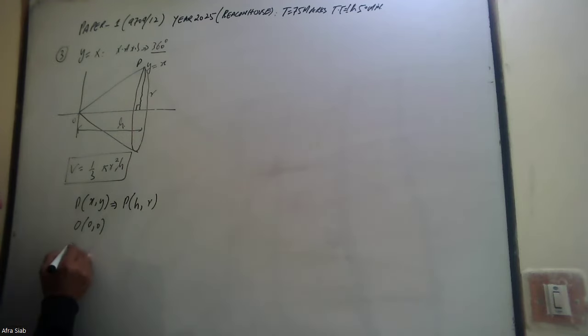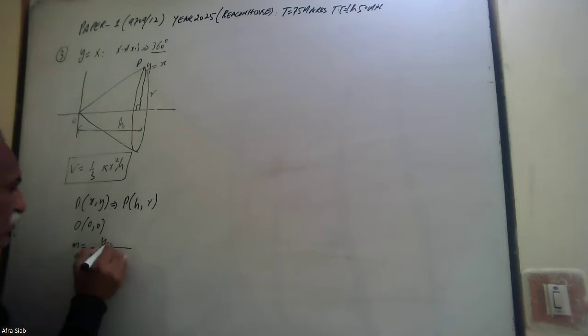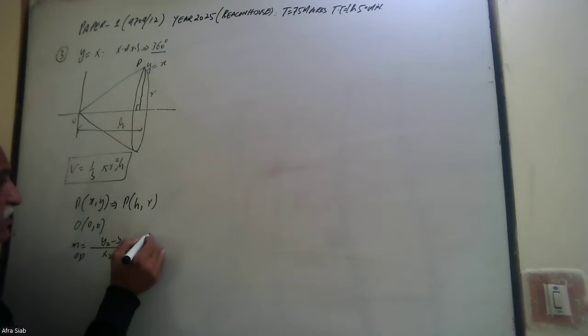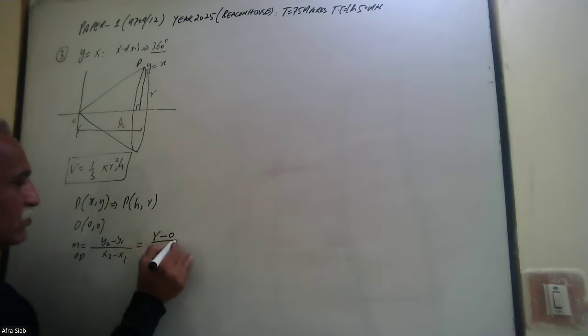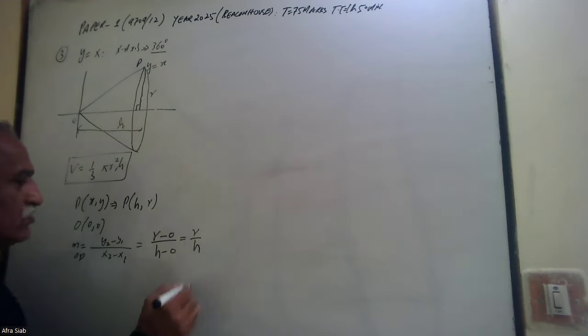So we can first find the gradient of the line OP, which is y2 minus y1 over x2 minus x1. That is equal to r minus 0 over h minus 0, or r over h.